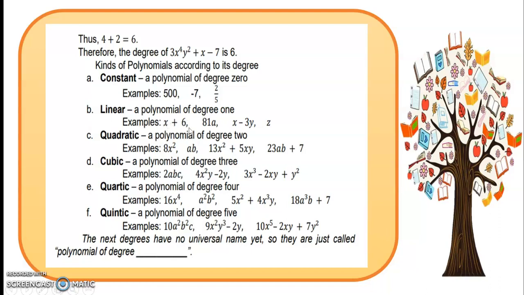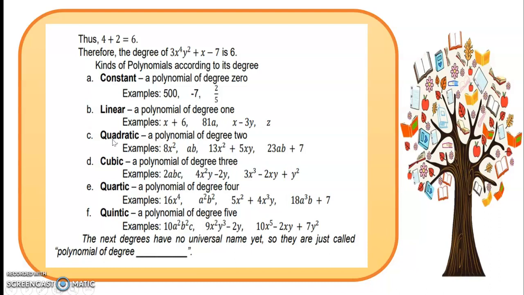So, examples, x plus 6, 81a, x minus 3y, and z. So, here, the x has an exponent that is considered to be 1. So, degree 1. 81a has an exponent of 1, so degree 1. Same with x minus 3y, both x and y have degree 1, so linear, and also z. Okay, but again, if constant, degree 0.